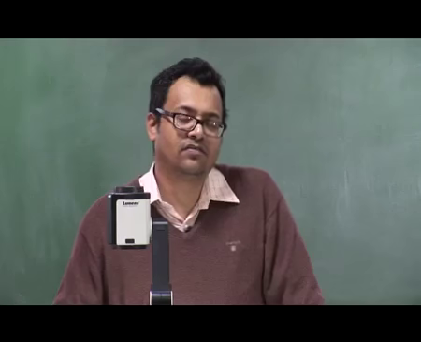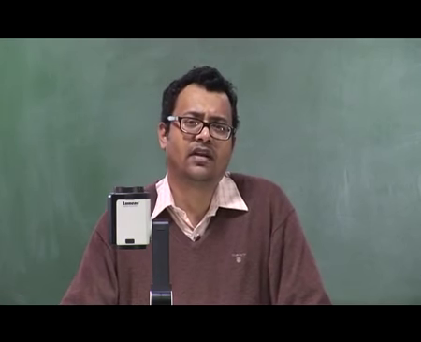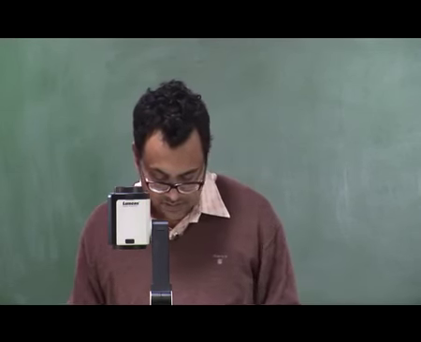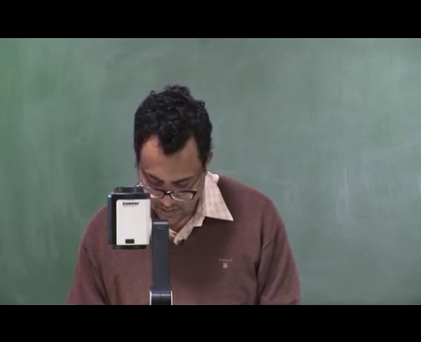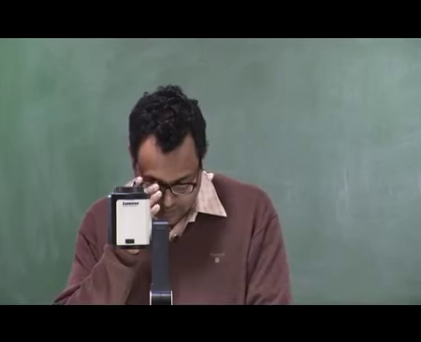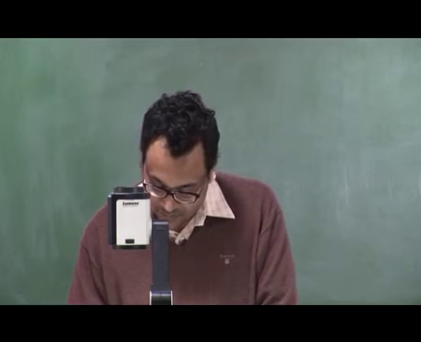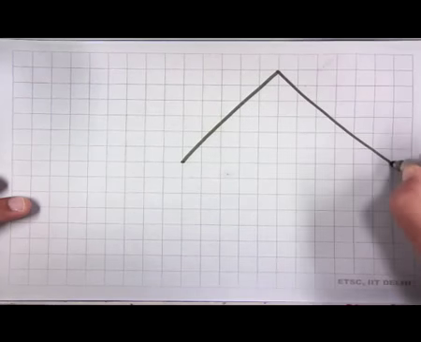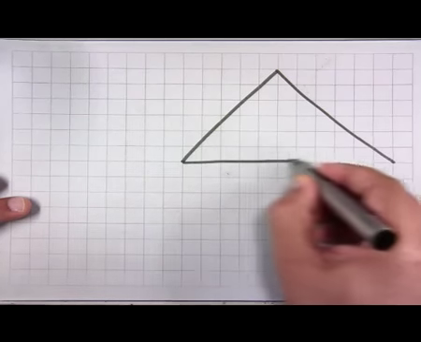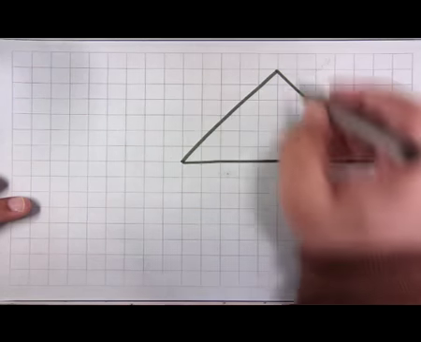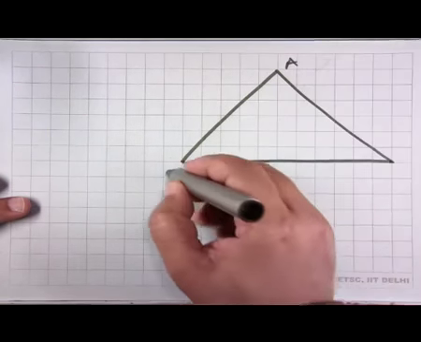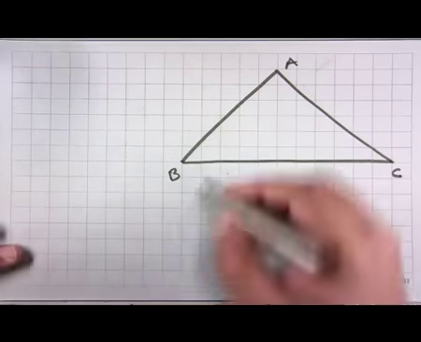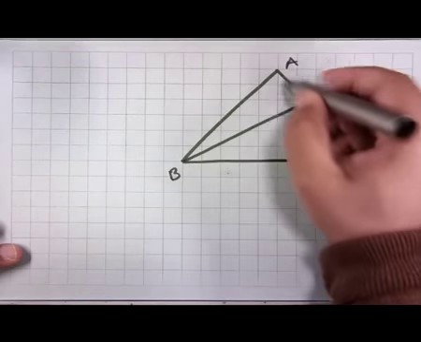Next, we define something which is known as the pedal triangle of the triangle ABC. So, let us redraw the triangle ABC along with the perpendiculars and the orthocenter. So, let us say that this is our triangle ABC with these perpendiculars.